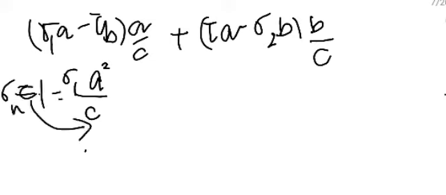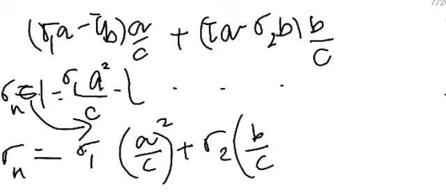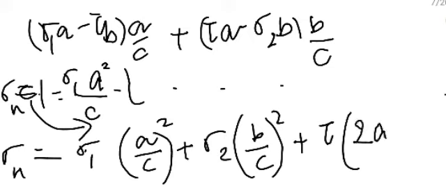Now this c comes out here. Actually then this equation will come out to sigma n is equal to sigma 1 times a by c whole square plus sigma 2 times b by c whole square. When we analyze, somehow it should come to be plus tau times 2ab by c square.